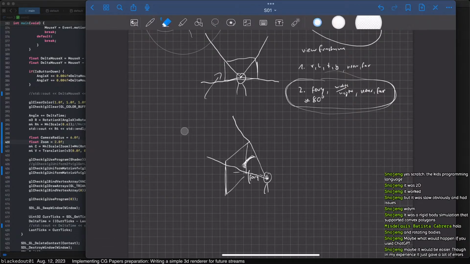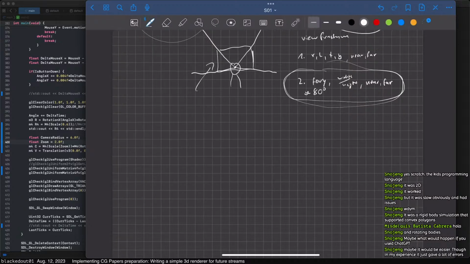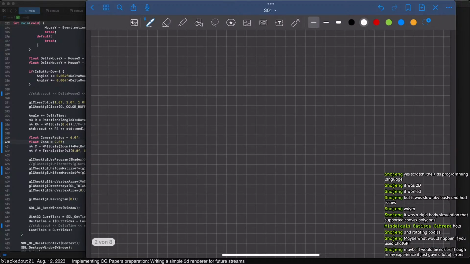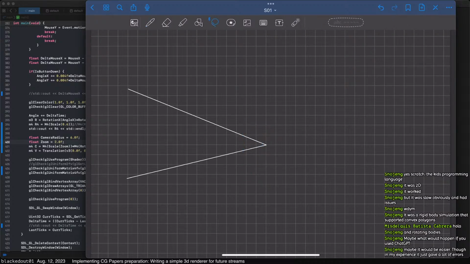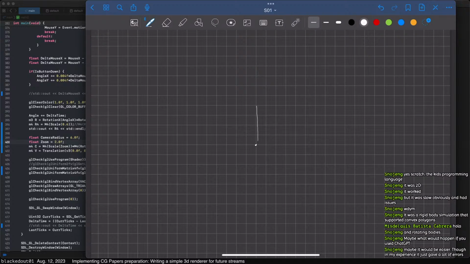So basically, I will draw this now again. So this is not entirely correct. And maybe I can do this like this here. So let's start here and maybe go 4 parts into this direction and here.